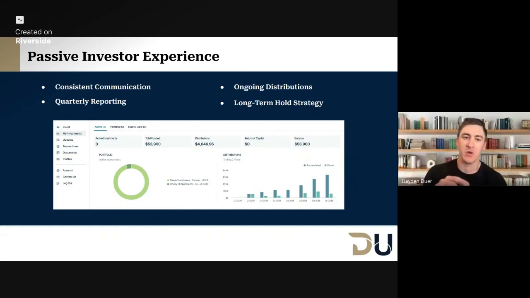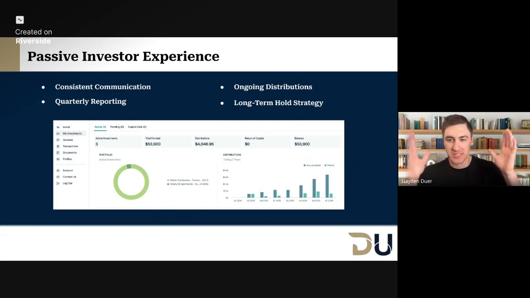Yeah, and I wanted to add really quick that in addition to everything that Rory just mentioned, we have lawyers and a legal team that puts together the syndication documents that protect you as the passive investor, and protect us. So we can't go out and take your money and run off to Barbados.